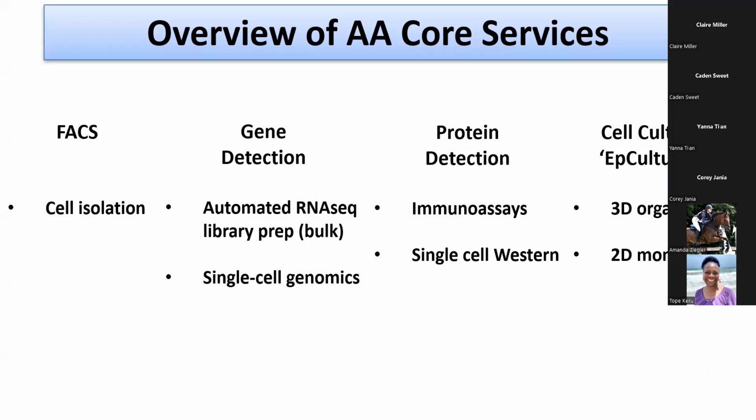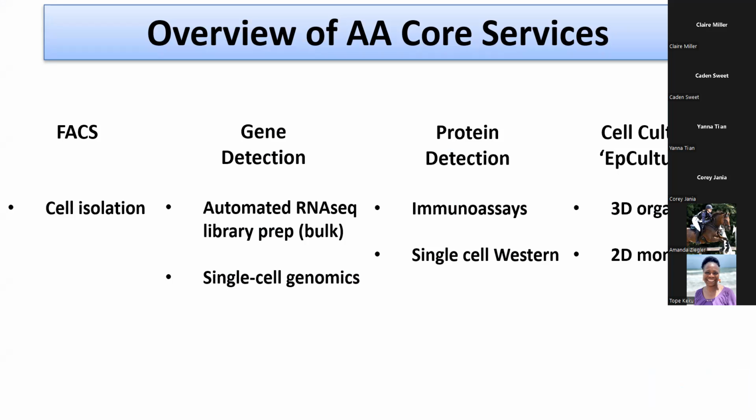As I mentioned, we have a diverse range of services. We provide FACS, or cell isolation, fluorescence activated cell sorting; gene detection, either from generating bulk RNA sequencing libraries or single cell sequencing libraries through a number of different technologies; and protein detection through standard immunoassays or multiplex assays to detect proteins in solution, for instance cytokines.